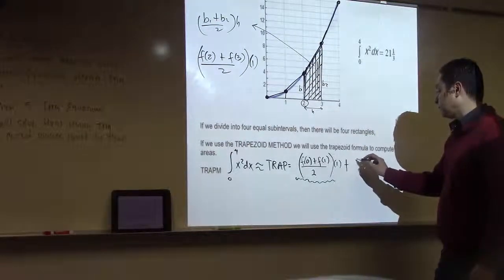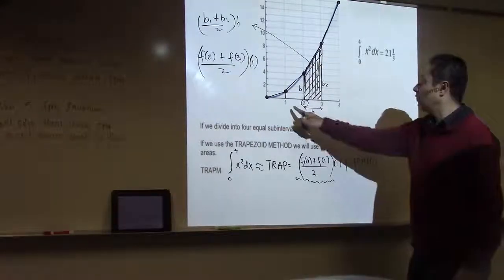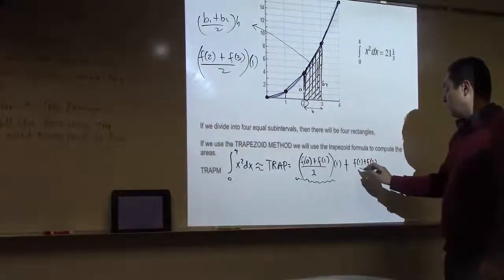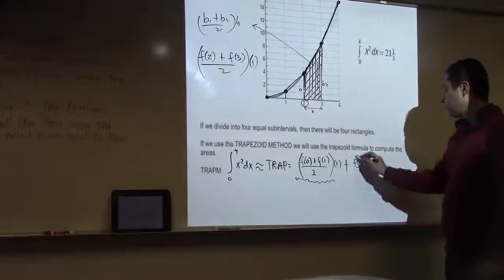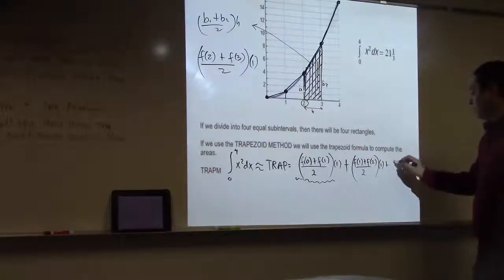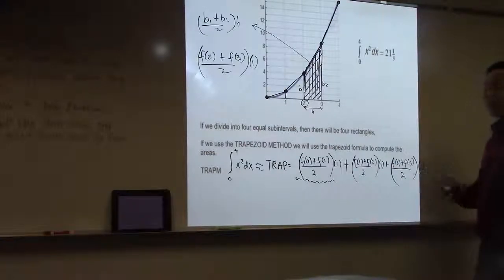Plus F of 1 plus F of 2. We're doing this rectangle now. Cut it in half times 1, the height. Plus F of 2 plus F of 3, cut it in half times the height.